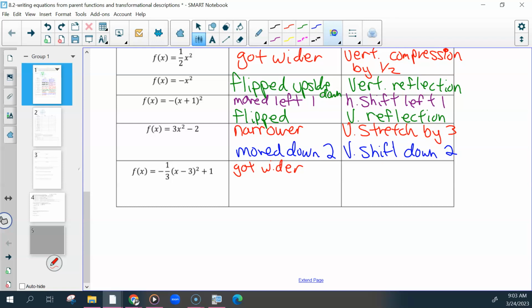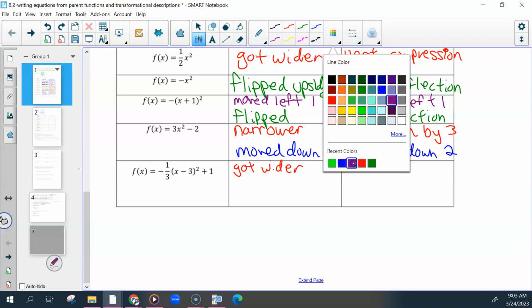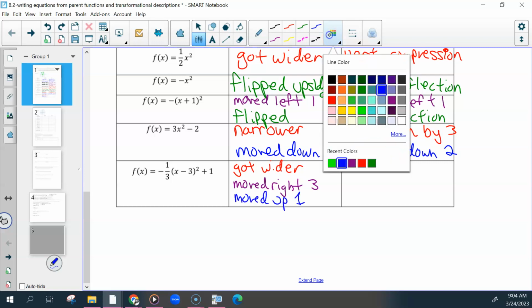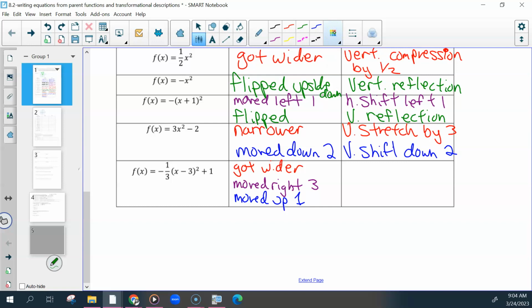It did move right 3. And went up 1. We're just missing one more thing. It did flip also.